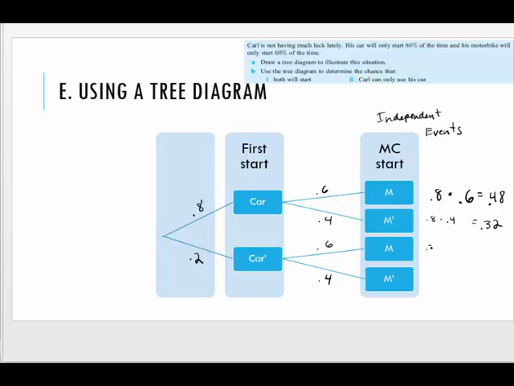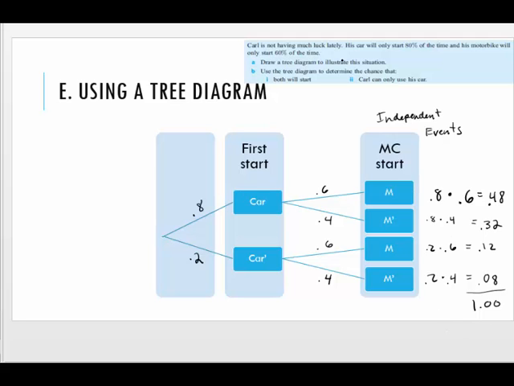Well, that would be 0.2 times 0.6, which is 0.12. And suppose the car doesn't start and the motorcycle doesn't start. That's 0.2 times 0.4, and we get 0.08. If you add all of these up, this should equal 1.00.